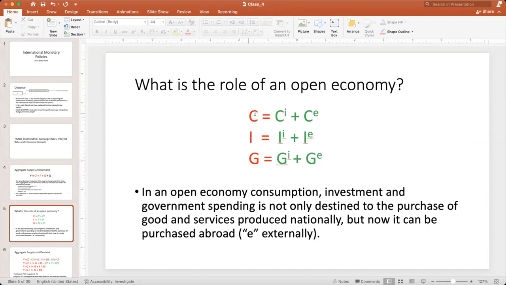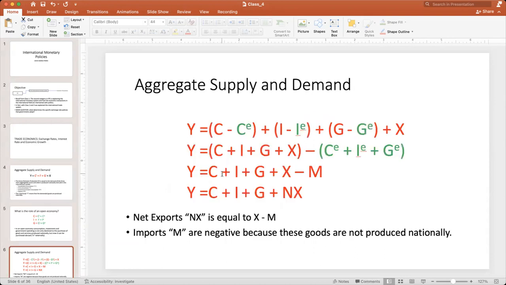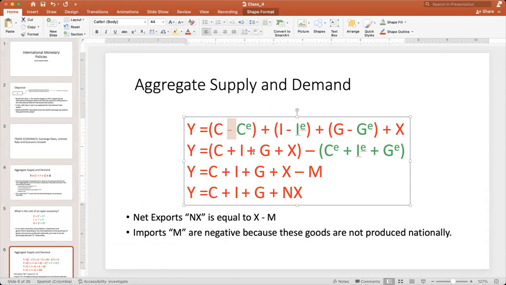We replace these 3 equations in the first equation, and we have the following. As you can see, all the green letters have a minus sign before the letter. Why?